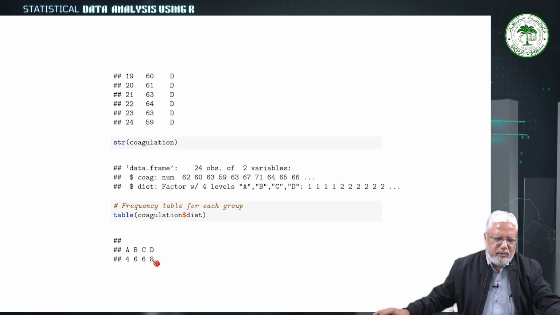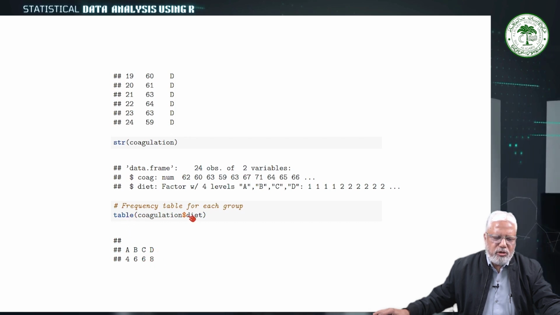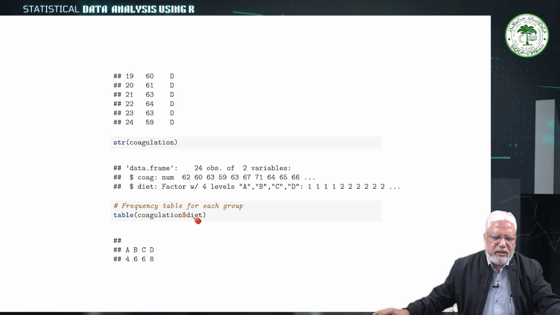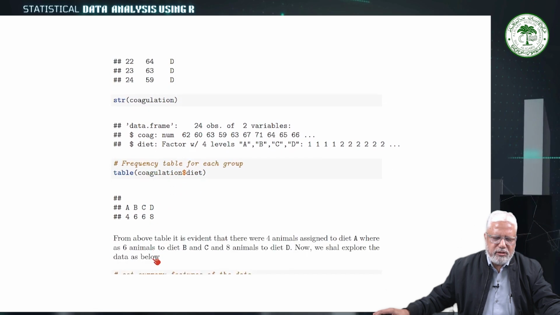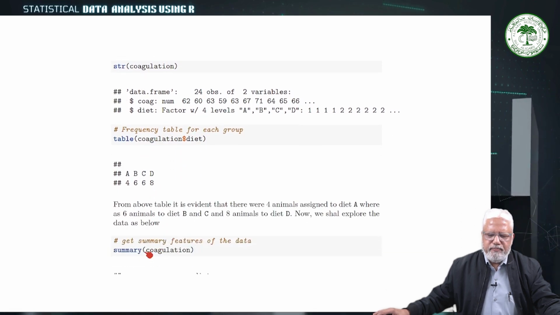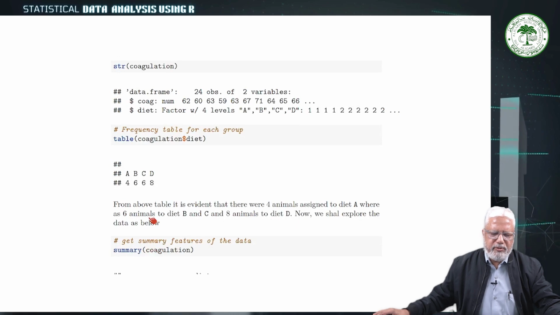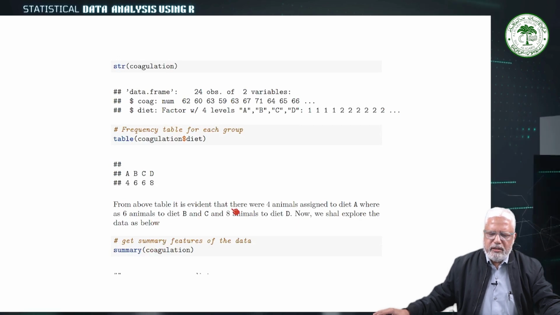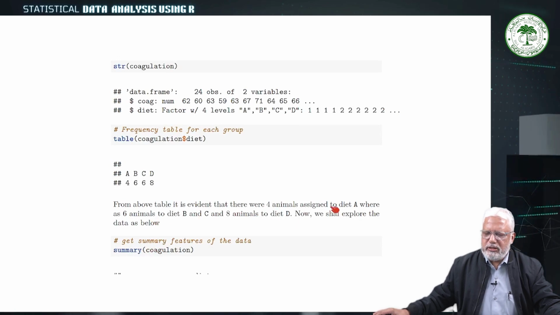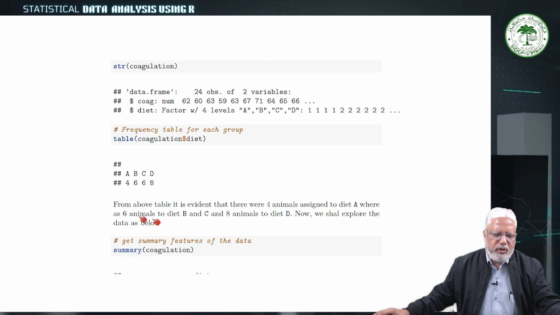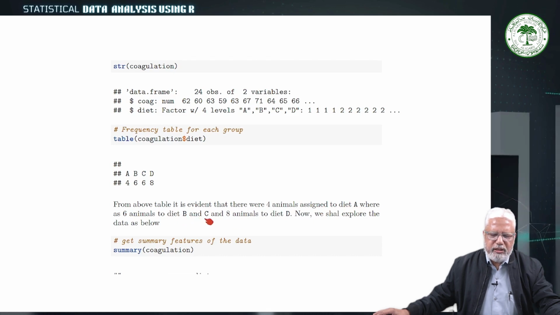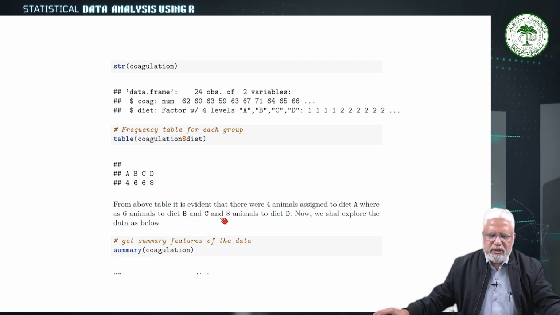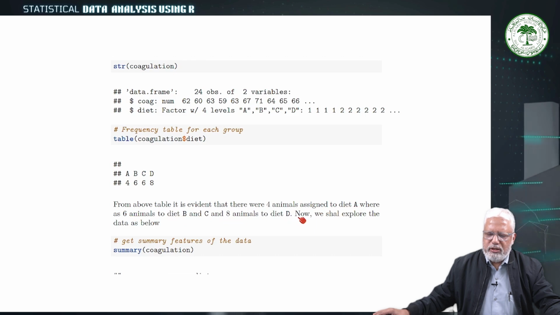From the above table, it is evident that 4 animals were assigned to diet A, 6 animals to diets B and C, and 8 animals to diet D.